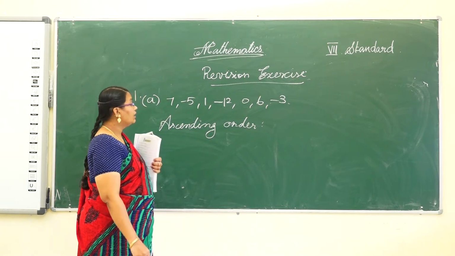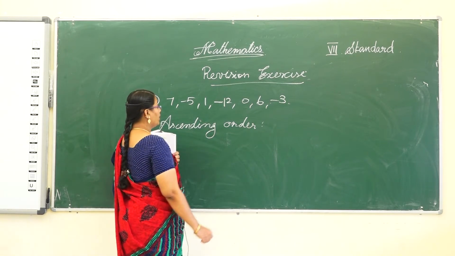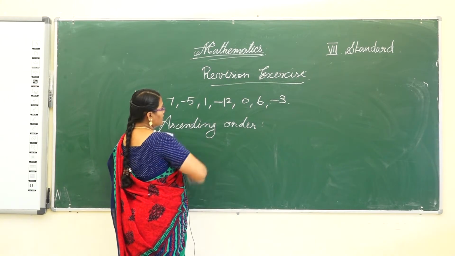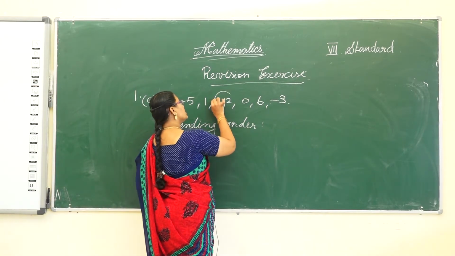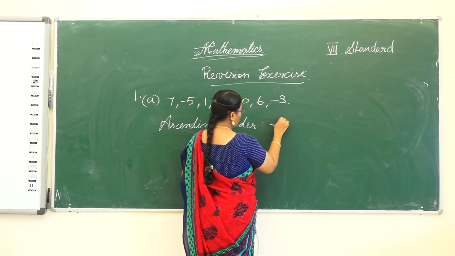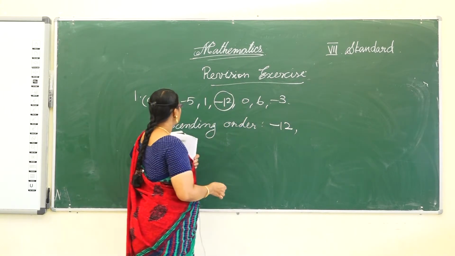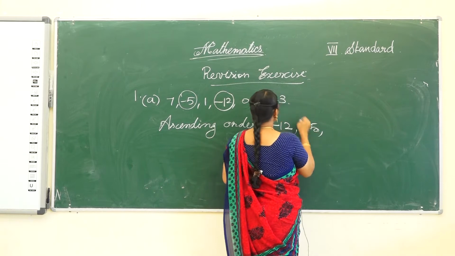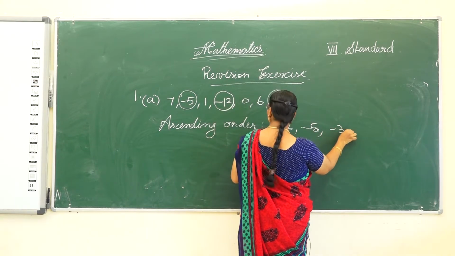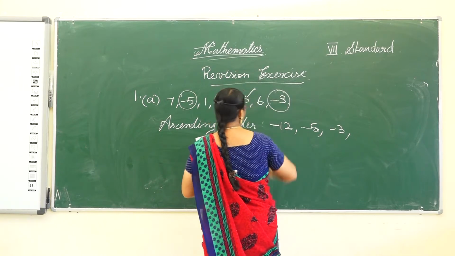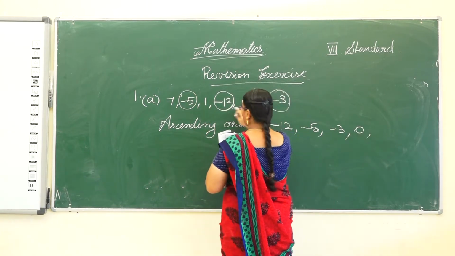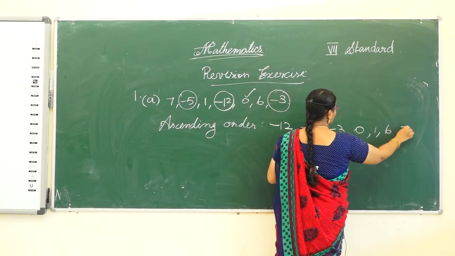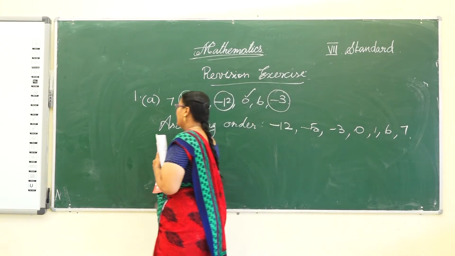The numbers can be written from the smallest number to the largest number. Which is the smallest number in this place? The very smallest number is minus 12, and the next smallest integer is minus 5, and the next one minus 3, and then 0. The next smallest value is 1. The next ones are 6, 7. This is the ascending order of the given integers.